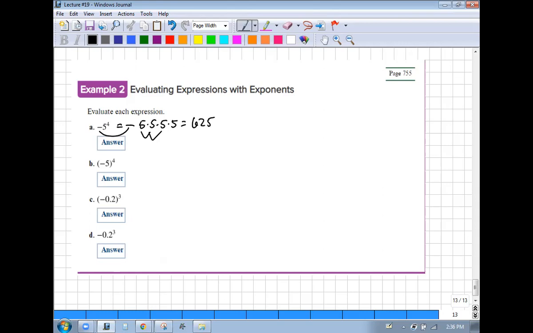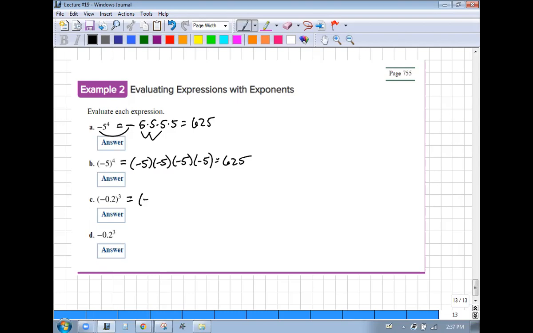Let's use our calculator and make sure. 5 times 5 times 5 times 5, 625, yeah. But this one is -5 times -5 times -5 times -5. We have 4 minuses, which make a positive. And then 5 times 5 times 5 times 5 is 625. So these happen to be equal, okay? It's because it's to an even power. The minuses all canceled out.